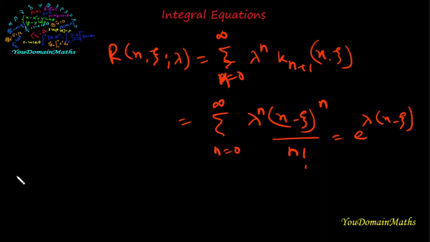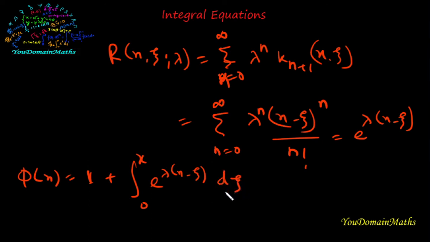And if we write the solution, phi of x equals f of x, that means 1, plus lambda, that is 1 here, times the integral from 0 to x of the resolvent kernel, that means e to the power lambda (x minus xi), times f of xi, that means 1, d xi.